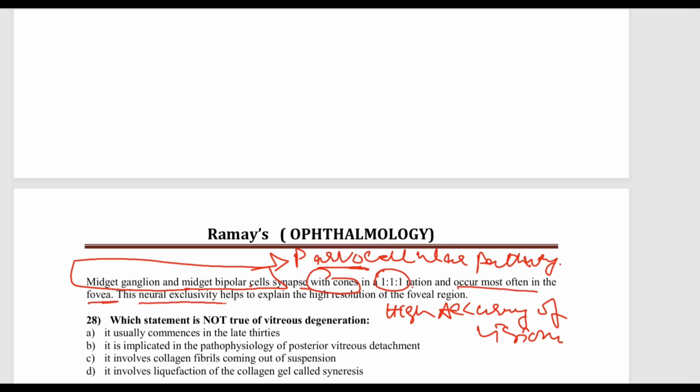This neural specificity helps to explain the high resolution of the foveal region. So this is very important. This is related to the parvocellular pathway, which is responsible for the high accuracy of vision.